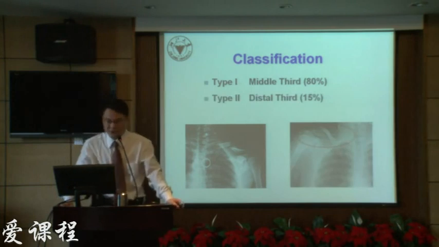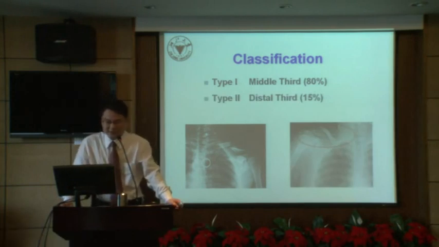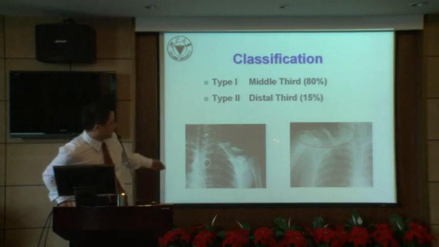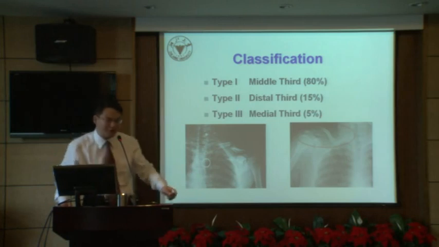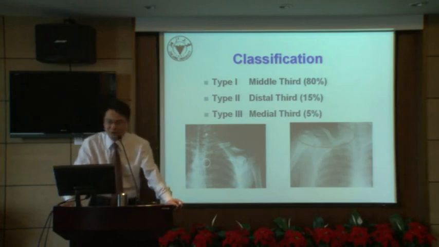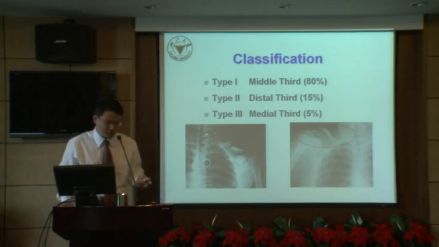A second type is fracture located at the distal 1/3 of the clavicle here. This is the second most common type, and type 3 happened in the medial 1/3 of the clavicle here, and this is pretty rare. In my career, I only got 3 or 4 cases of the medial 1/3 fracture.